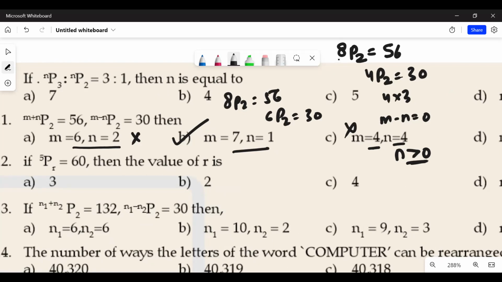You can remember this, that nPr, or nPn, or nPn minus 1, both are the same thing only.